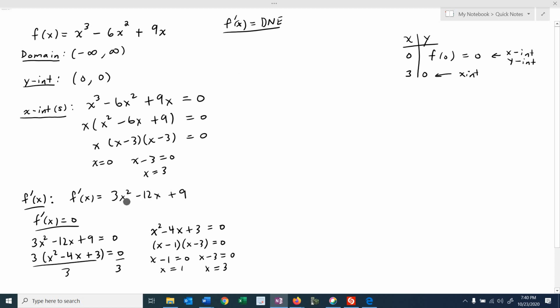In this case, it exists for all x values since it's a second degree polynomial, so this never happens. So we only have 2 critical numbers. Now we create a sign chart for the first derivative, breaking up the number line at the critical numbers. The first interval is from minus infinity to 1, then 1 to 3, and then 3 to infinity.